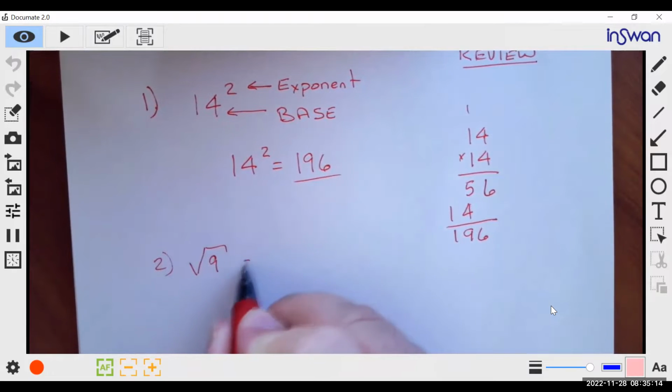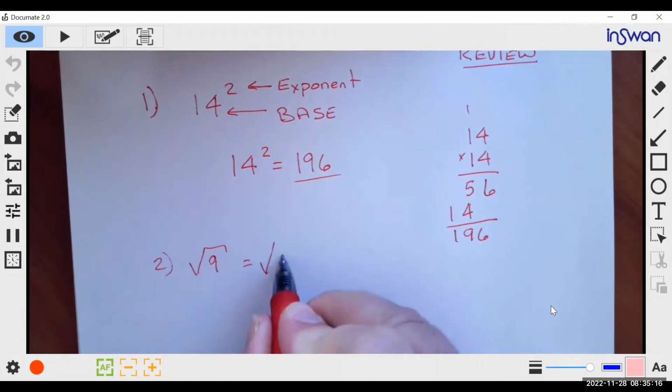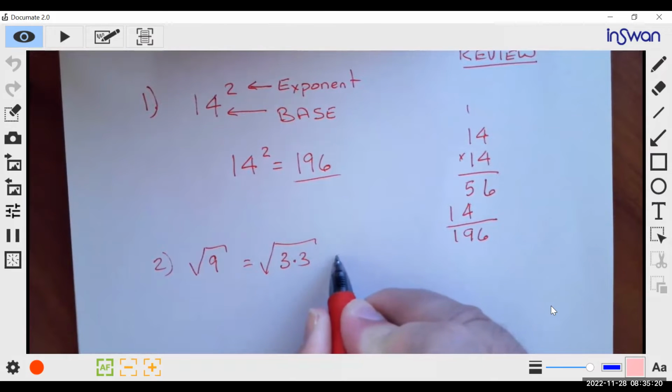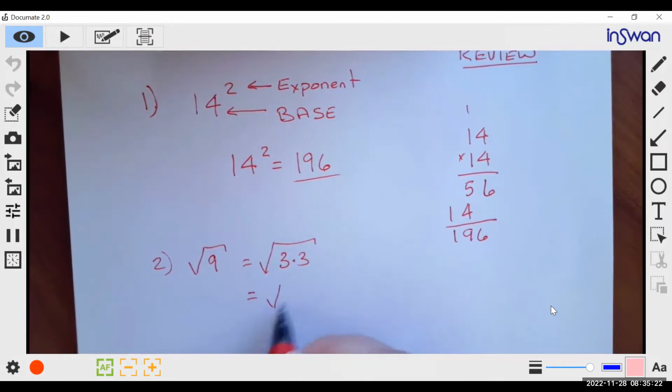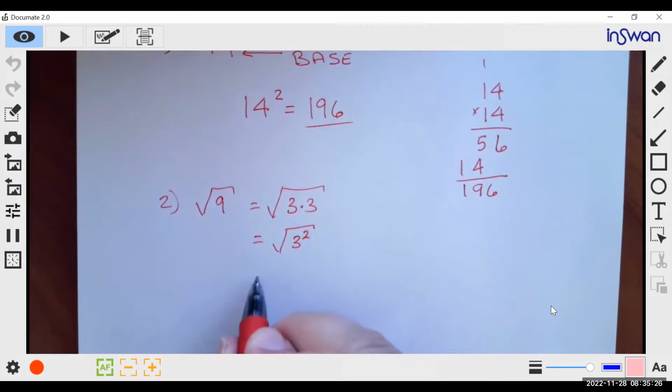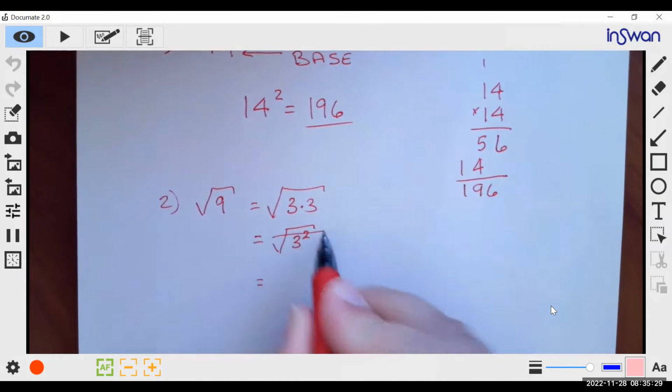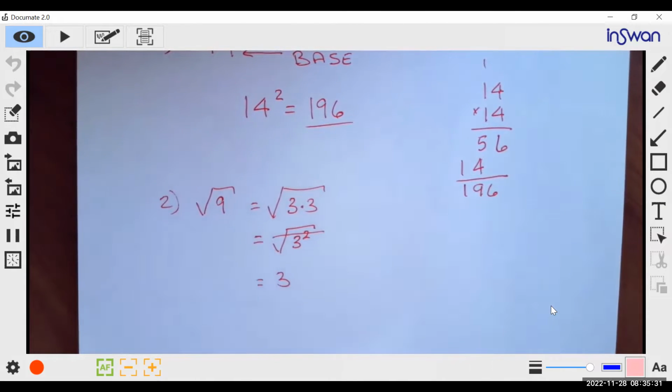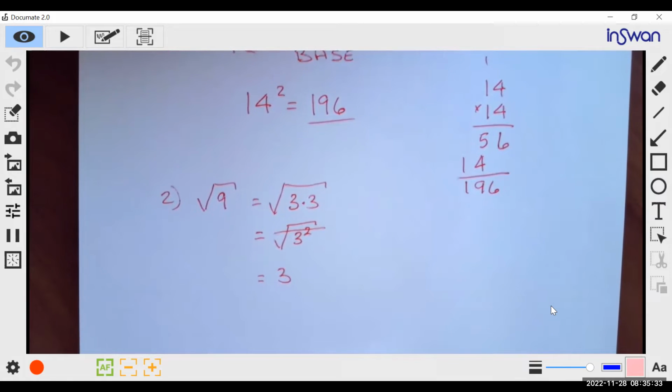Square root of 9. 9 is made up of 3 times 3, which is 3 squared. The square root and the square cancel. And the answer is 3.